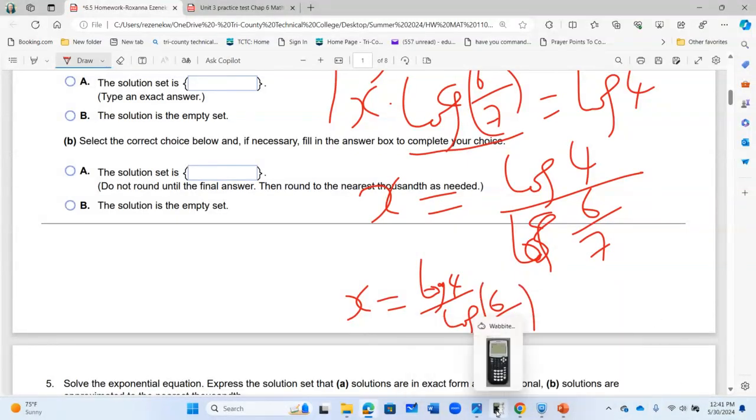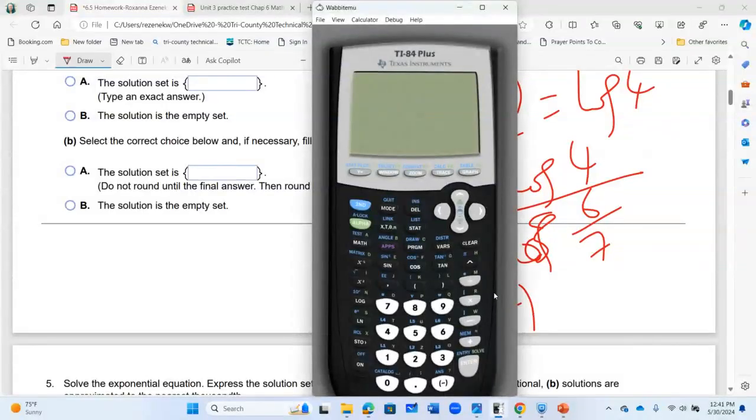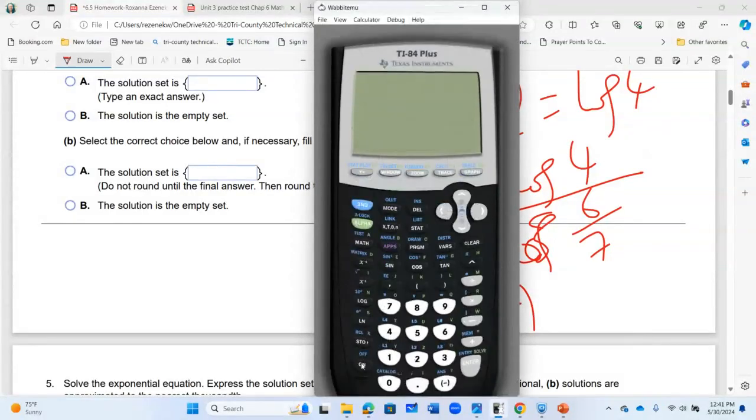I'll get my calculator. I put in log 4. The base is 10, which is why it is not signified. Then I store it in x.